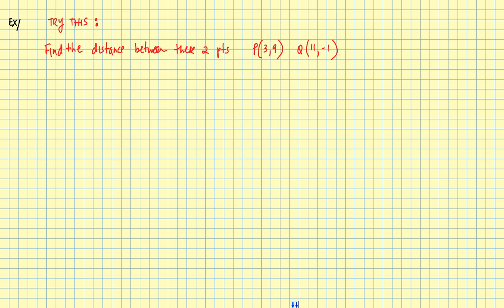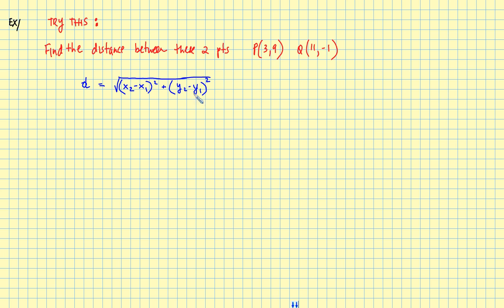All right, let's try another point. Again, we'll write down our distance formula, and that's going to be our change in the x's plus our change in the y's. It doesn't matter which one I put first, because everything gets squared anyway.